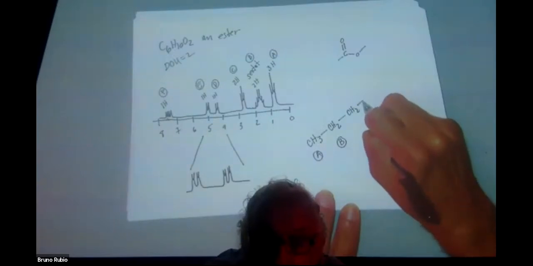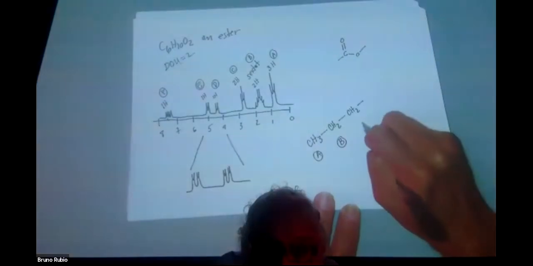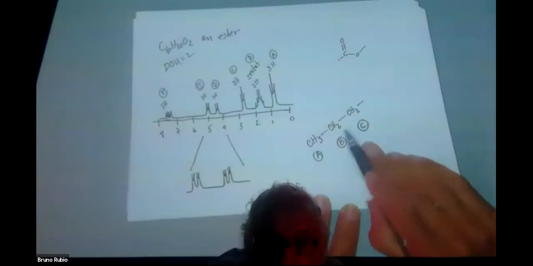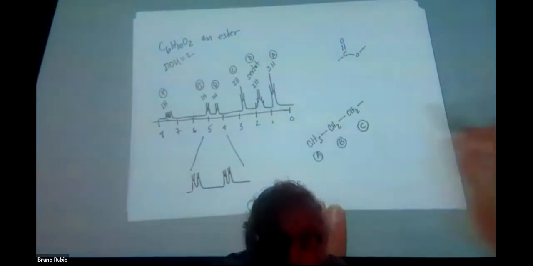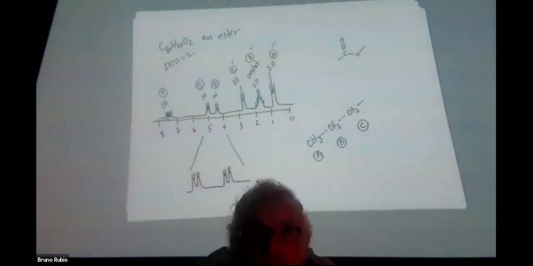Plus 1 is 6. It's a sextet. And so this guy, he's C. He's split into a triplet cleanly by the B. So we explained that, we explained that, we explained that. So that's where that sextet splitting is coming from. It's the B proton split by 3 on the left, 2 on the right, total of 5 neighbors, coupling constants all equal, n equals 5, 5 plus 1 is 6.